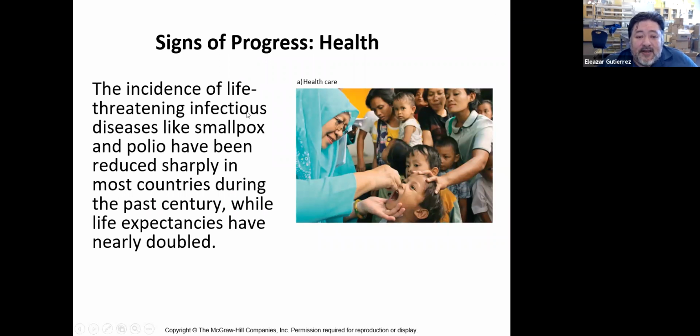Life-threatening infections like smallpox and polio have been reduced sharply. A lot of this has to do with intervention by the Red Cross, for example. And historically, not now, our present administration is very strange, and I'm not going to talk about it because it'll sound like I'm trying to be political.